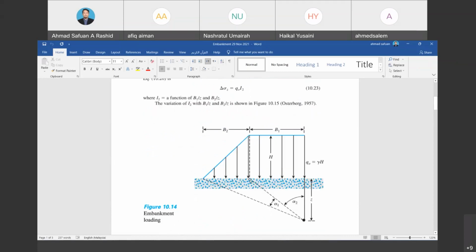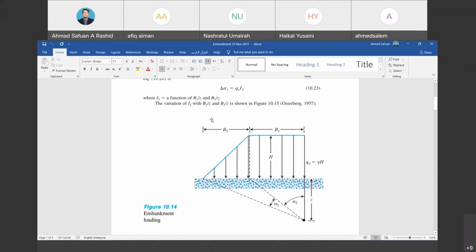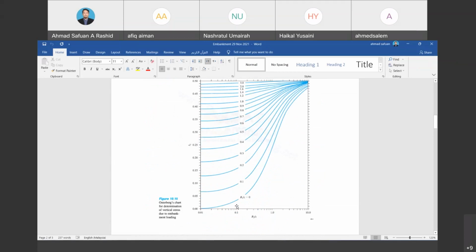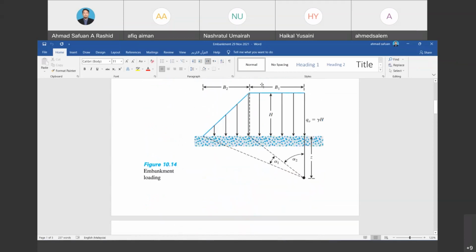The I2 is a function of B1 over Z and B2 over Z. We calculate B1 over Z, the width of the flat surface of the embankment over Z, the desired depth that we want to investigate.